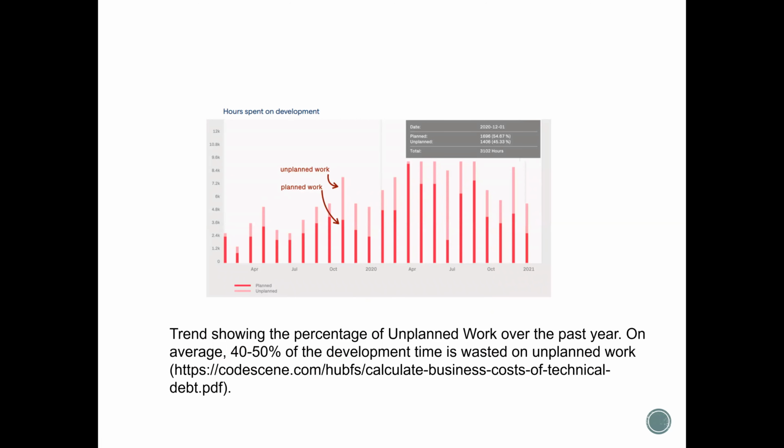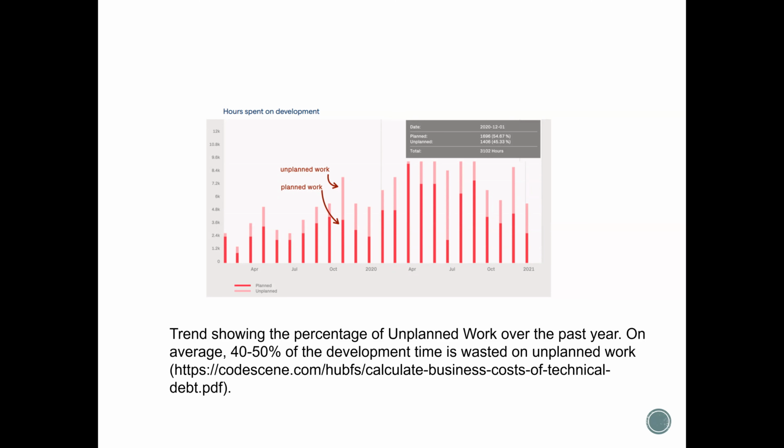So if you see this graph, which I have taken from codescene.com, there are two series in this graph. The x-axis shows the months, and the y-axis shows the money which software development companies are spending on their work.